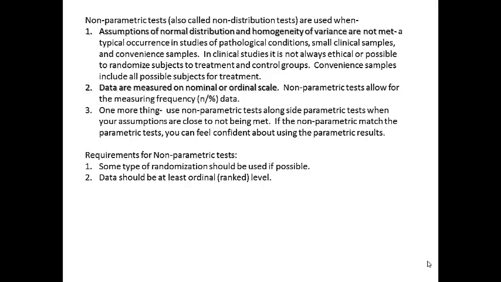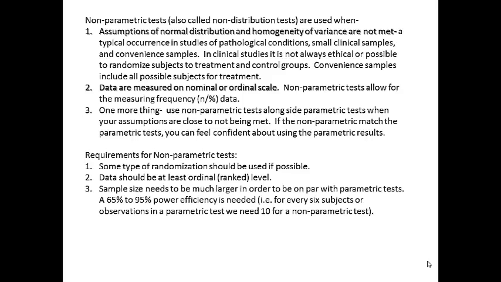Data should be at least ordinal, and sometimes we can take continuous data and make them ordinal so that we can make comparisons when their distributions don't meet the normal curve, and they don't have equal variances between compared groups.